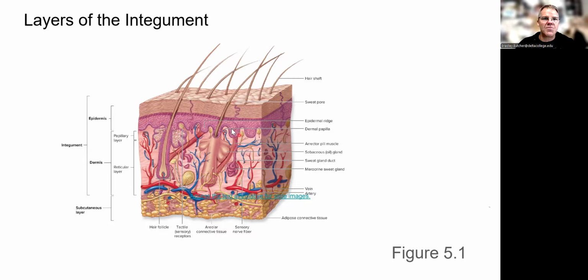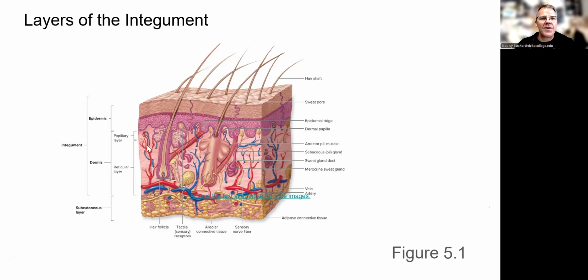And notice it's much more involved with different layers. This papillary layer, the reticular layer, and lying even deeper is the subcutaneous layer down here with those areolar connective tissues, the adipose connective tissues.